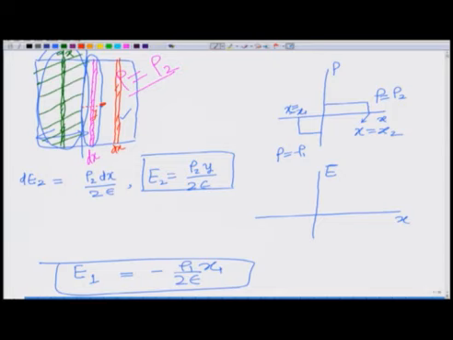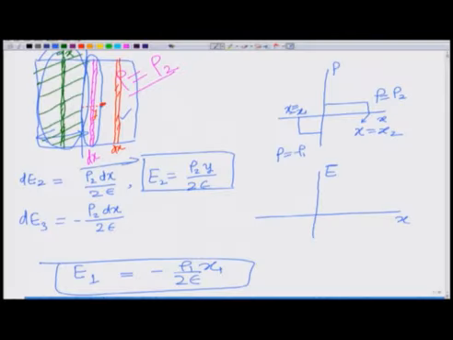So dE 3 is equal to rho 2 dx, the equivalent surface charge density, divided by 2 epsilon with a negative sign. If you integrate this dx, the thickness is x 2 minus y, so you will get minus rho 2 times (x 2 minus y), divided by 2 epsilon.